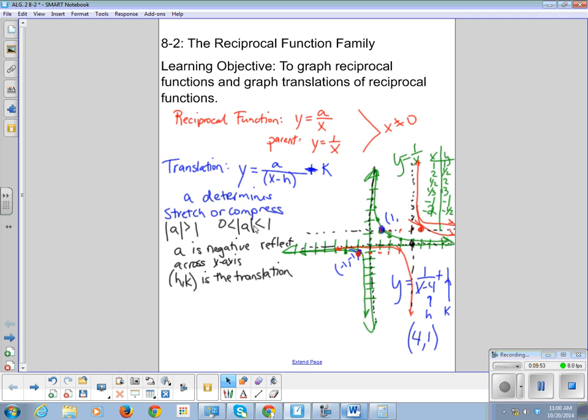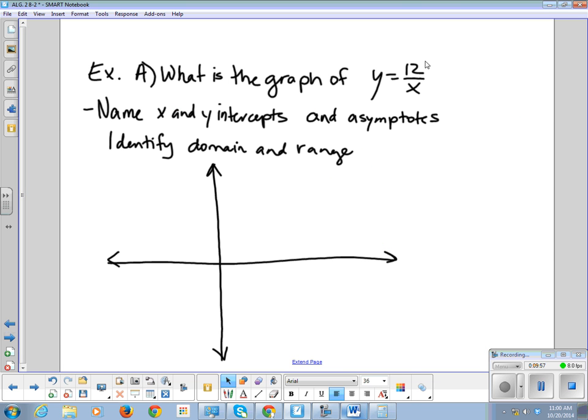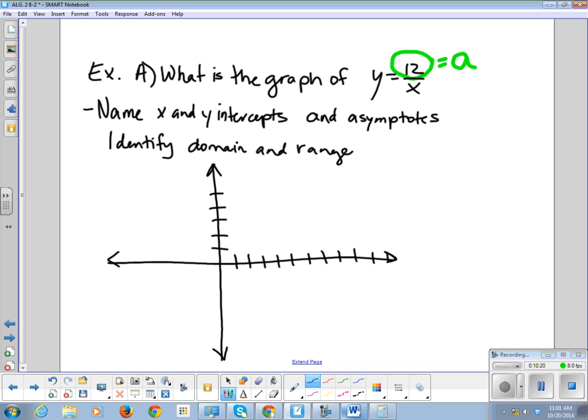If a is between 0 and 1, it's a compress. In this case, a is greater than 1, so we have a stretch. So we're going to have our same basic parent function, it's just going to be stretched out. So let's make a little xy table and get a shape.